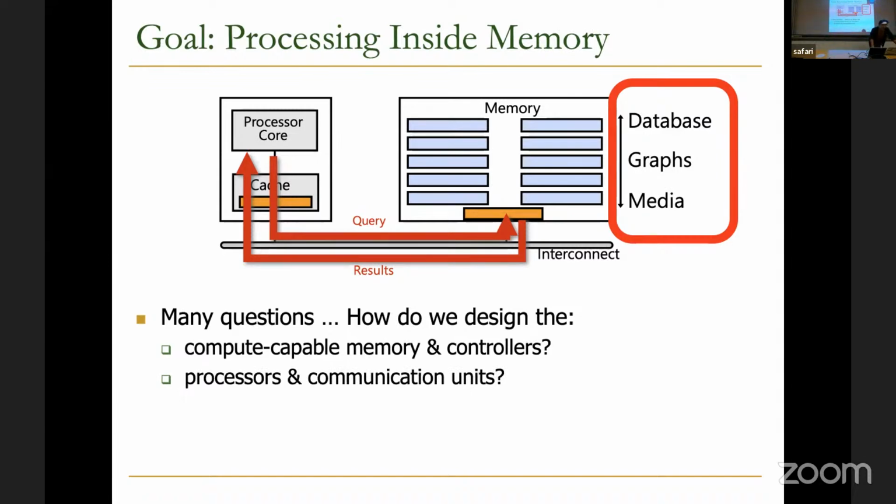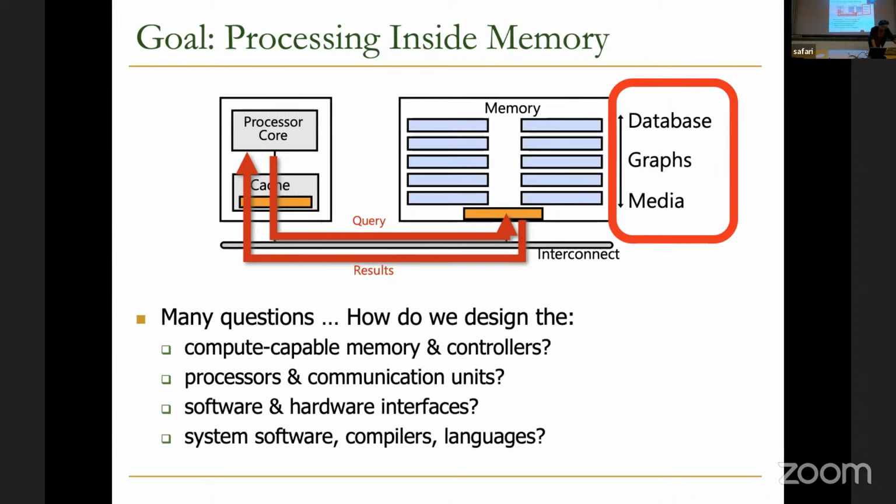So we have to decide as well how to design these processors and communication units, what should be the software and hardware interfaces, basically how users can make use of these new capabilities, how they need to write their new software, or for example, how the ISA needs to be modified or enhanced, or extended.